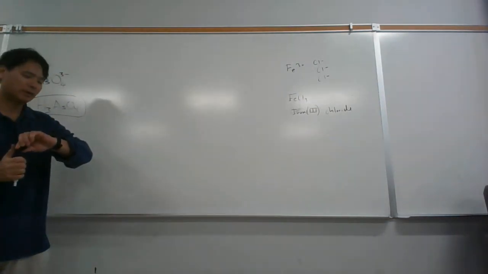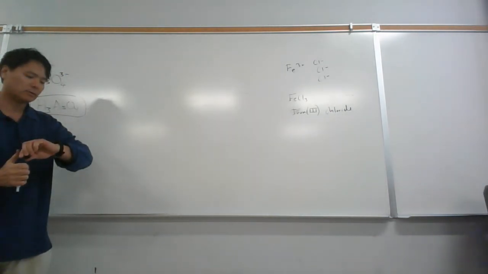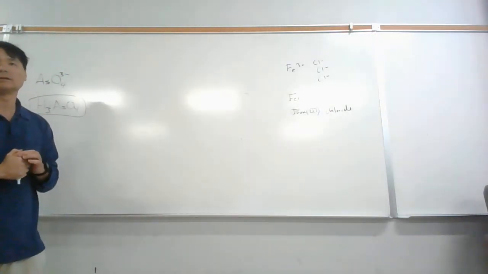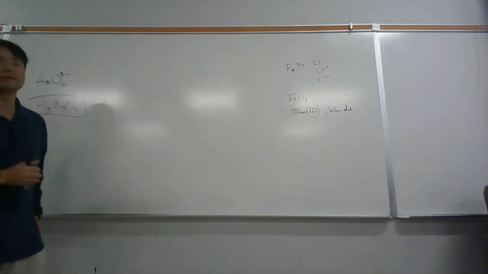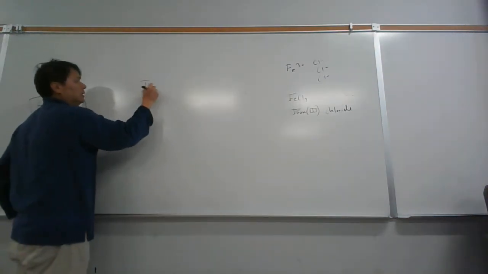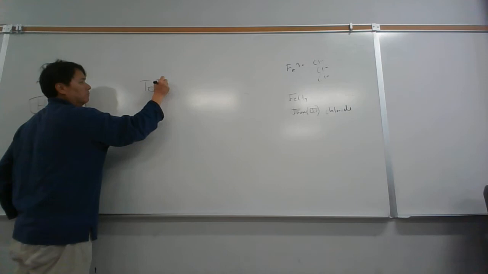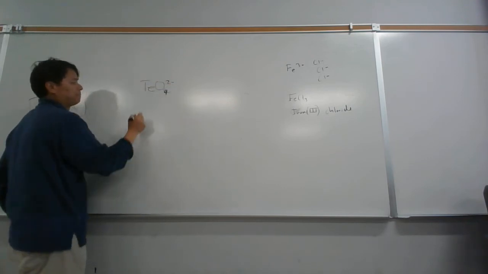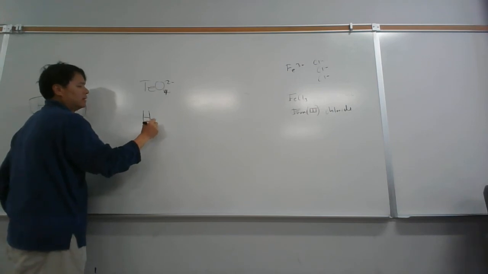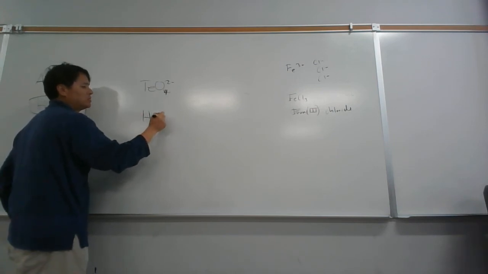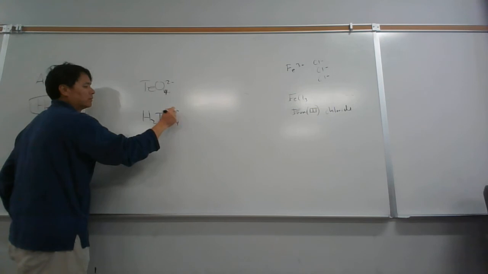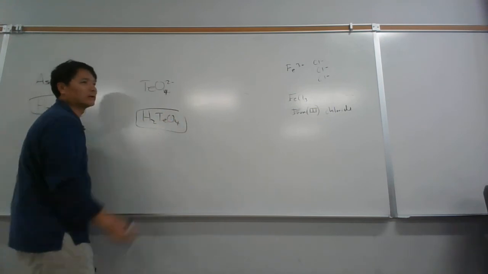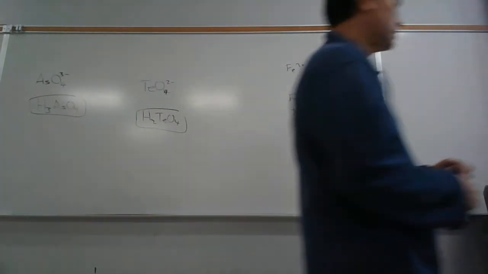So what would tellurate be? TeO4 2 minus? Yeah, that's correct. And so telluric acid would be H2TeO4. Telluric acid.